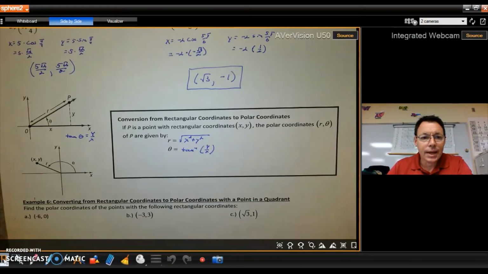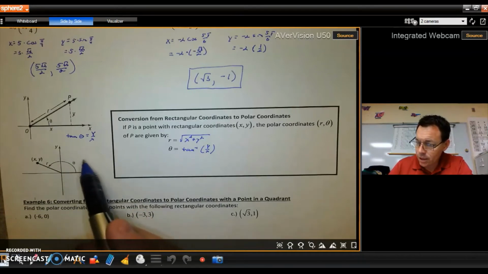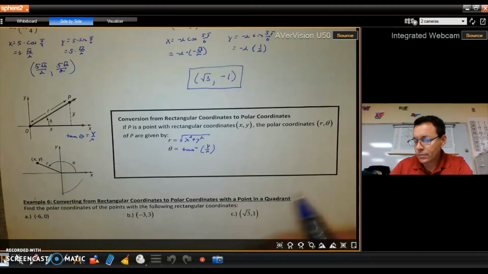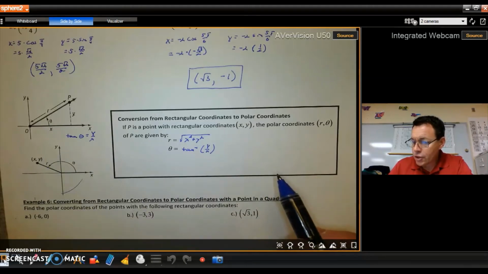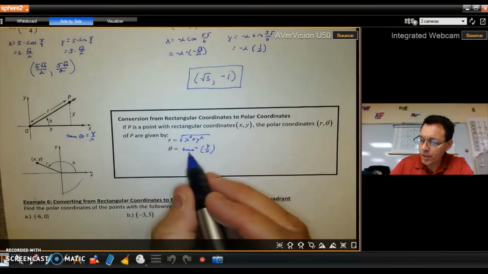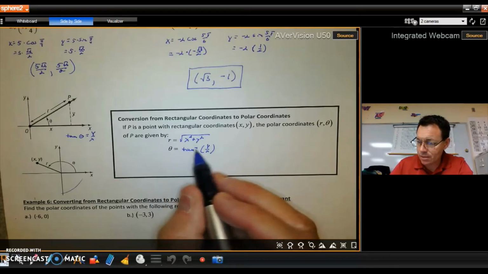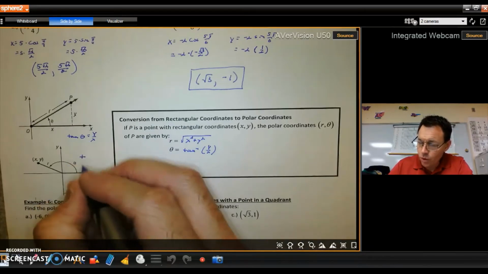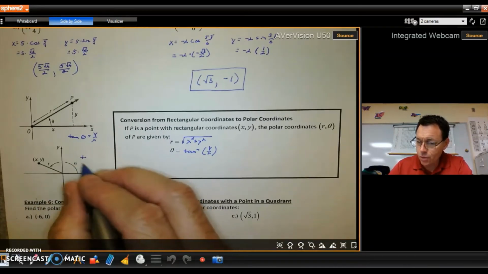Okay? Now, here's where we're going to run into a little bit of a situation. So, take a look at this example right here. There are two different angles. Remember, when we do this inverse tangent, when you see this symbol, we're only talking about these two quadrants.